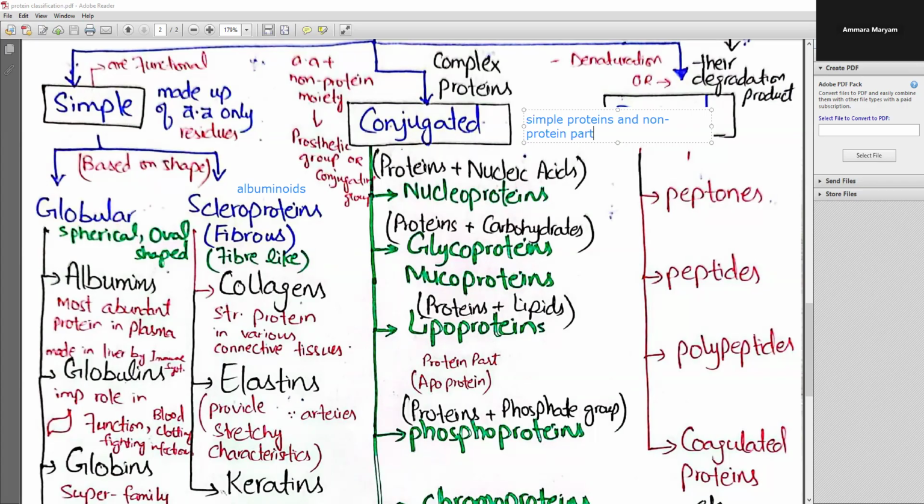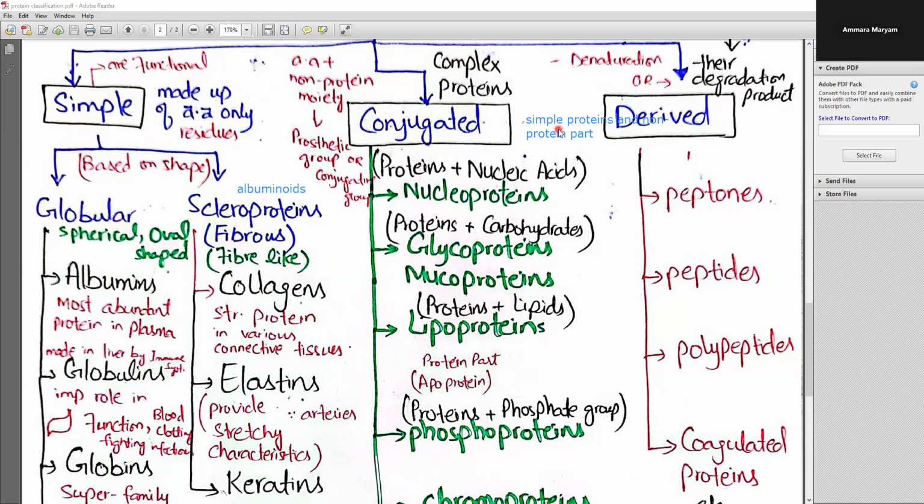So here there is one difference when we talk about the simple proteins. Simple proteins in this classification basically are independent. They have independent existence. इसका क्या मतलब है कि जो independent simple proteins हैं, they are basically functional. ठीक है, so that means independently these proteins are functional, they can perform their functions.